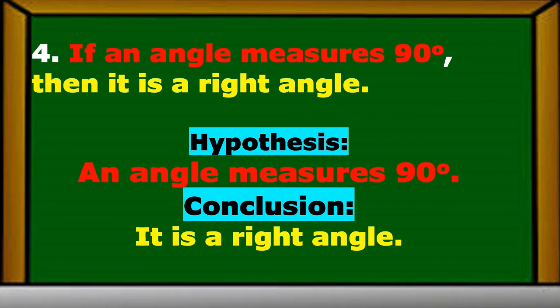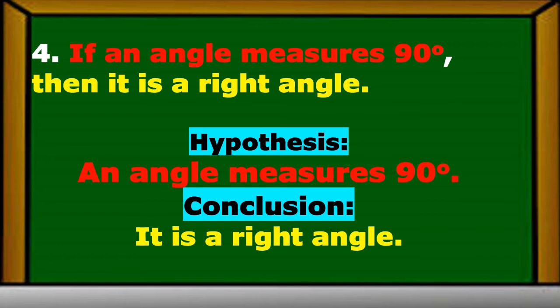Our fourth conditional says, if an angle measures 90 degrees, then it is a right angle. The hypothesis for this conditional is, an angle measures 90 degrees.